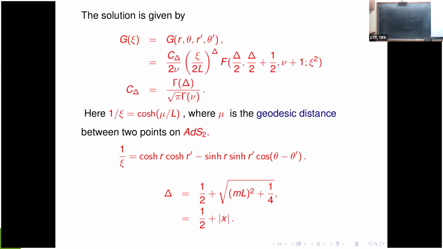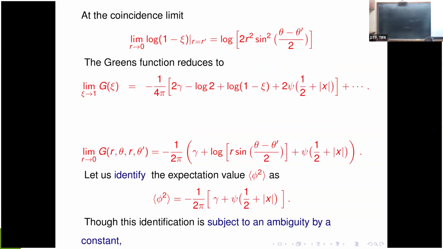Nu is the deviation from this part. If you expand this Green's function at the coincident limit, you get these particular expressions. There is this log(1 minus zeta), which has this particular sign.